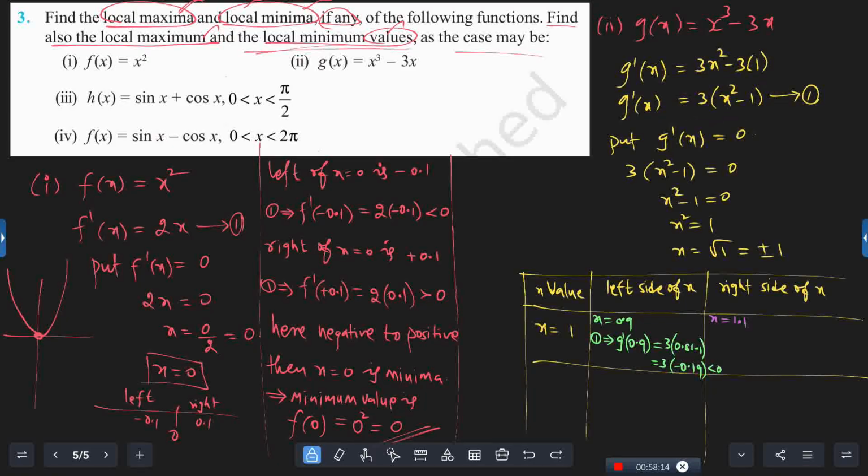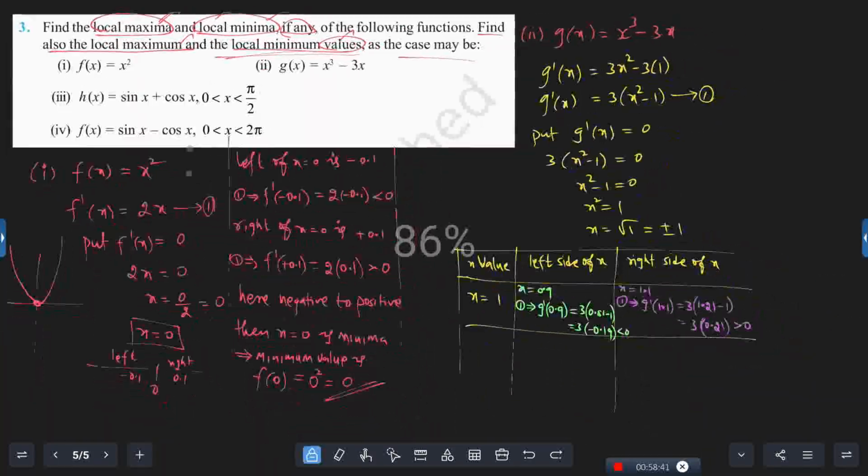Now substitute in the question. g dash of 1.1 is equal to 3 into 1.1 square, 11 square is 121, so 1.21 minus 1, which is equal to 3 into 0.21, that is greater than 0. So what has happened here? Negative to positive, so what can we say?